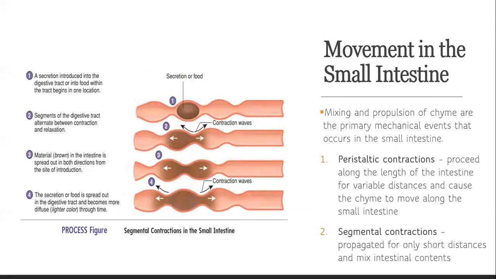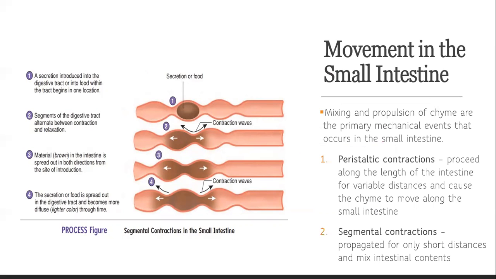So, movement in the small intestine. Earlier, in the large intestine, we have two waves, the mixing wave and the peristaltic wave. In our small intestine, we have the peristaltic contraction and the segmental contraction.